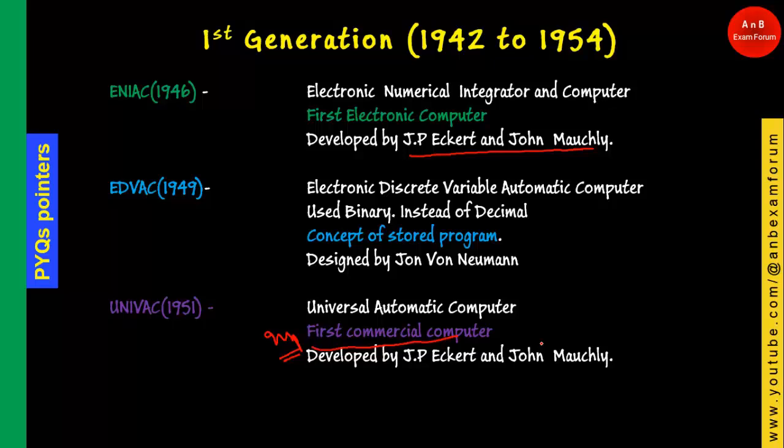ENIAC is the first electronic computer, EDVAC used the concept of stored program, whereas UNIVAC is the first commercial computer.